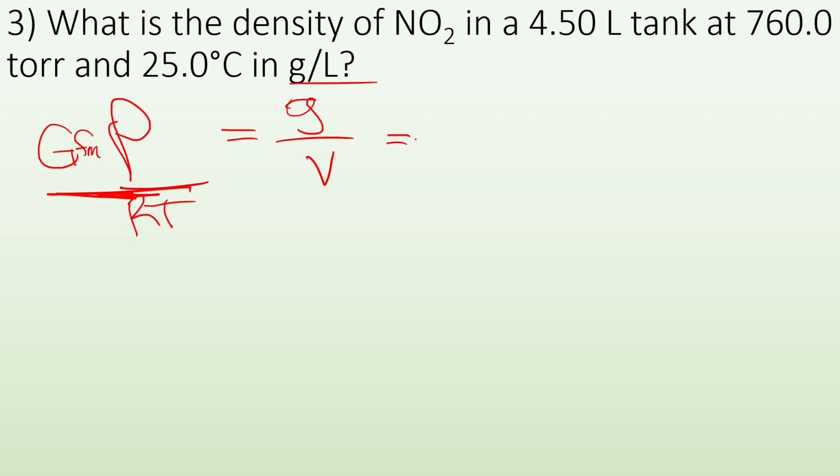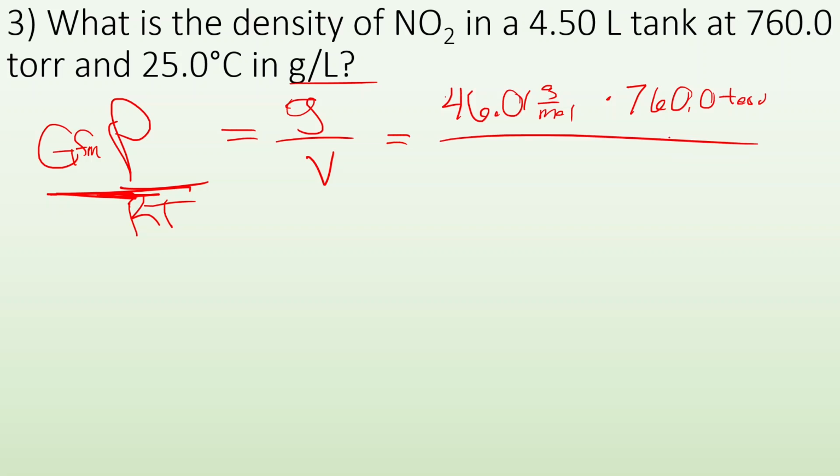The GFM of NO2 is roughly 46.01 grams per mole, times the pressure. They're saying 760 torr, over RT. The R, if I'm using torr, is 62.36 liter torr over mole Kelvin. And the temperature, 25 C in Kelvin, is 298 Kelvin.